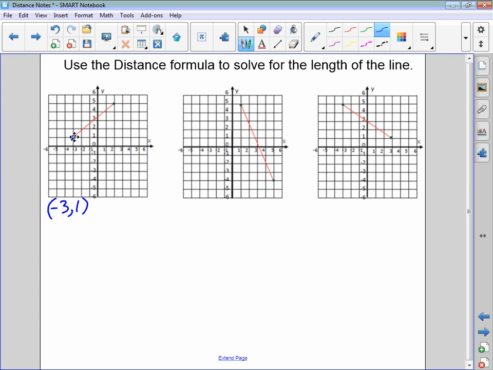And since that is our first point, I will call it P1 right off the bat. And our second point is up here, and that is 2 over and 5 up, and that gets P2.